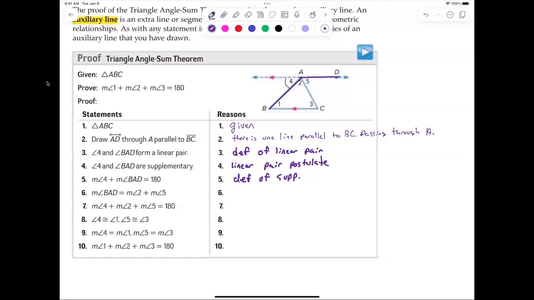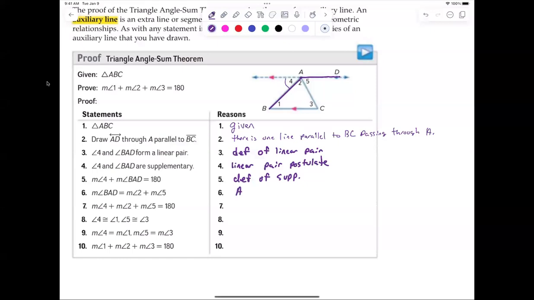Now, why does angle BAD equal angle 2 plus angle 5? What are we talking about here? Why is BAD equal to angle 2 plus angle 5?